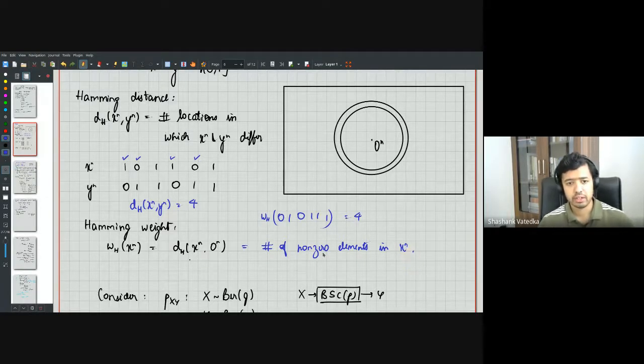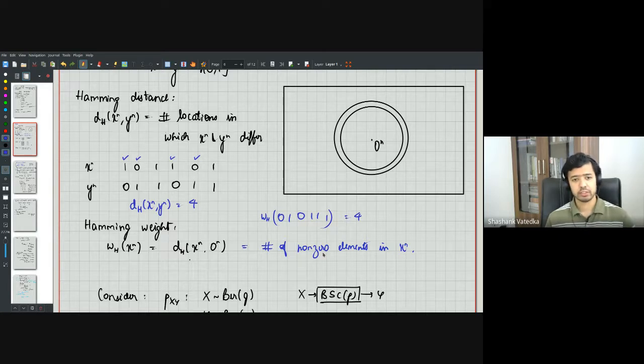Okay, and it's possible to verify that this is indeed a distance in the sense that firstly it is equal to 0 if and only if the 2 points are the same, xn equal to yn, and it's always non-negative, and it is symmetric.